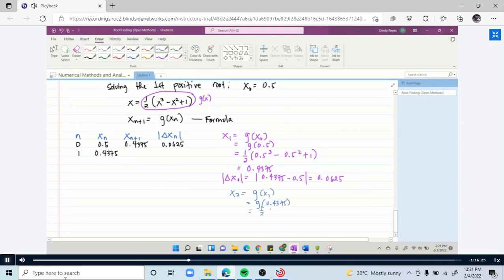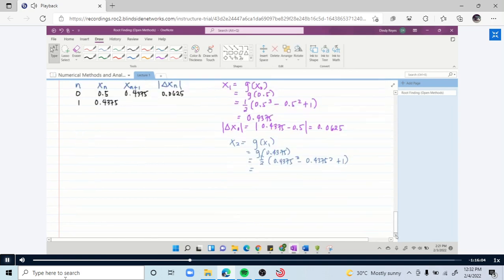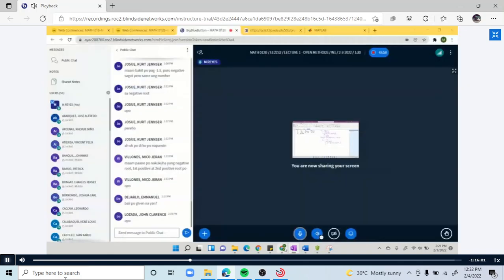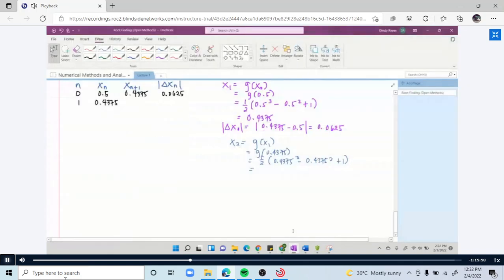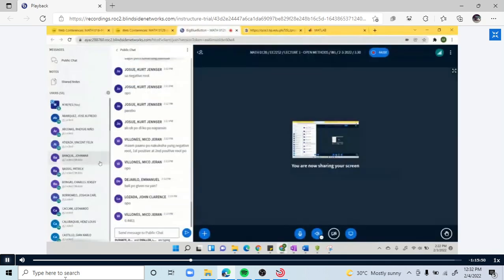Okay, so this is equal to 1/2 of 0.4375, kindly use your calculators, minus 0.4375 squared plus 1. What's the value of this? 0.4461.